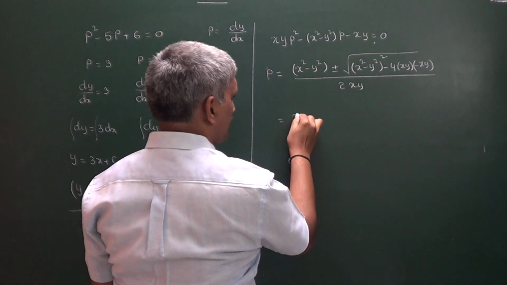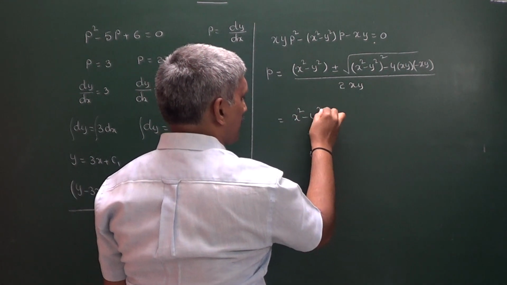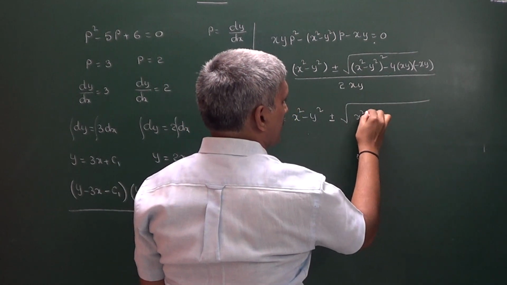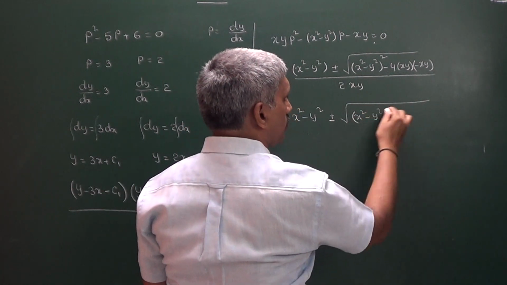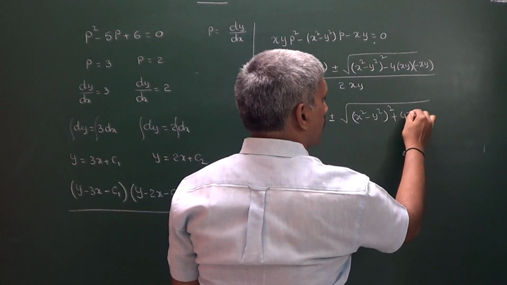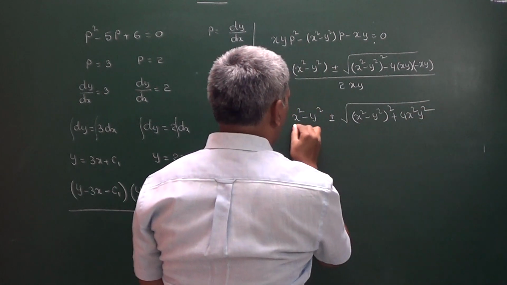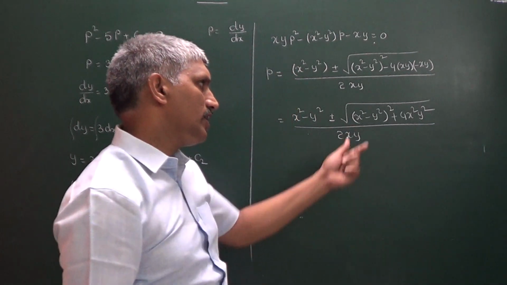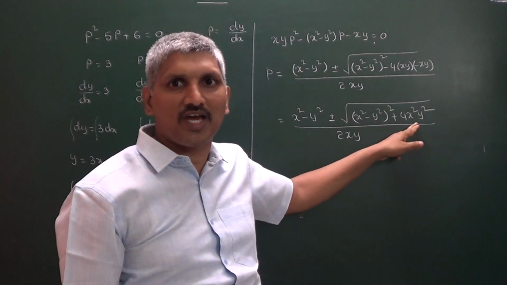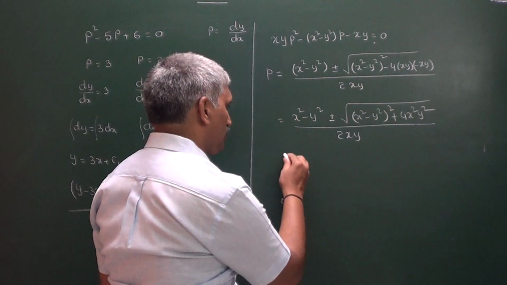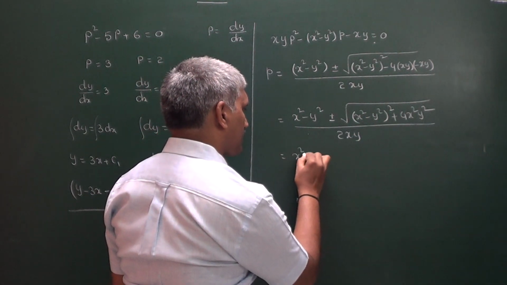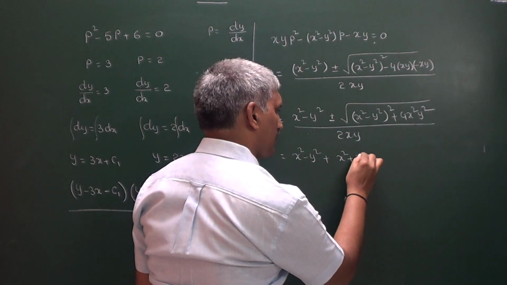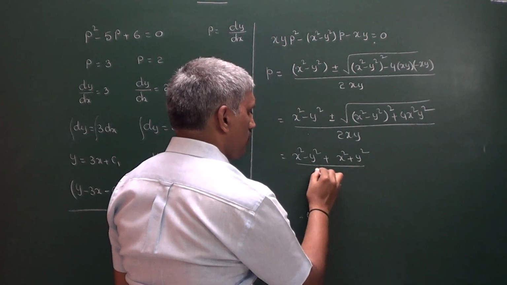Further simplification is (x² - y² ± √((x² - y²)² + 4x²y²)) / 2xy. Now it is (a - b)² + 4ab, we can write it as (a + b)². That's why we are getting (x² - y² + x² + y²) / 2xy.